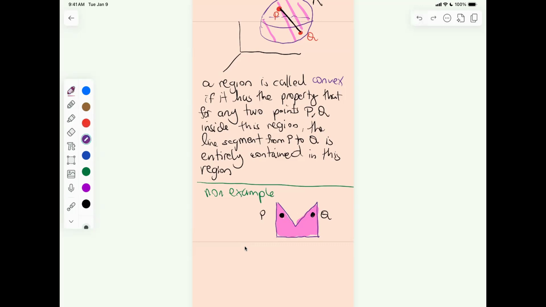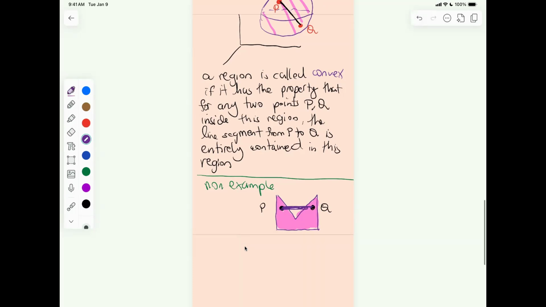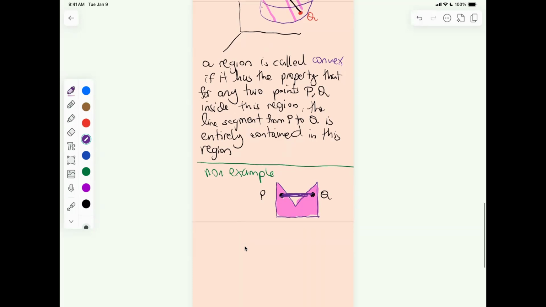If you connect them with the line segment, sometimes the line segment is outside the region. So this is not convex, because the idea of convexity is that no matter which 2 points you choose, the line segments are always contained in the region. They can always be drawn inside the region.